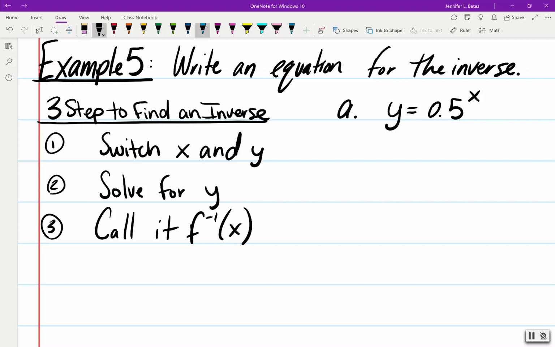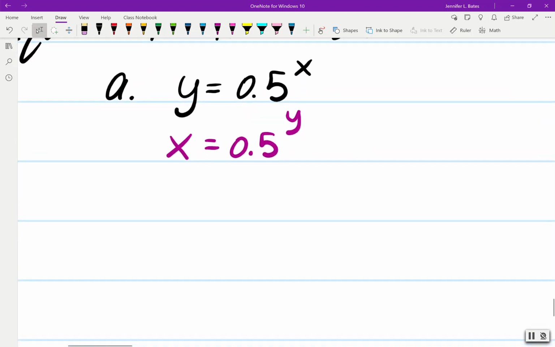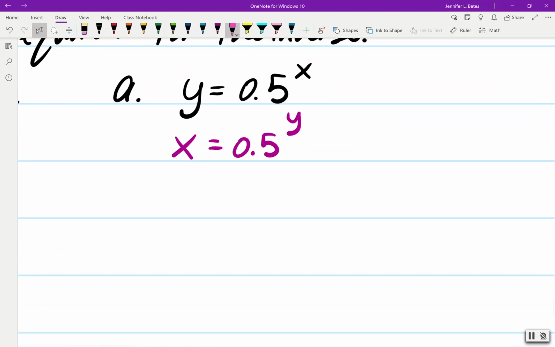So let's go ahead. We will start with step 1. Switch x and y. So I'm just going to switch their places. Step 2, solve for y. Well, y is trapped as an exponent. How do I get that y down from there? To get the y down, we're going to switch forms. In exponential form, I have a base raised to an exponent equal to an answer.